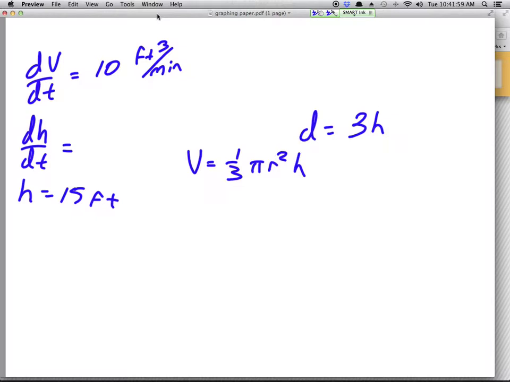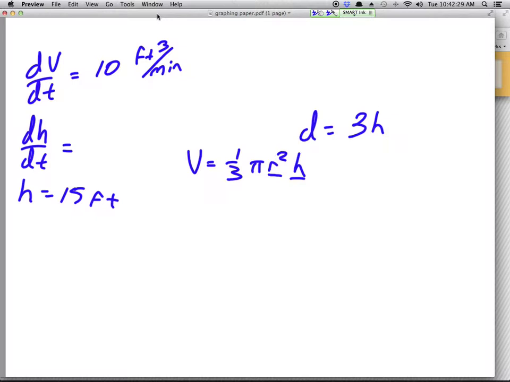I got 2 variables on the right side. Yesterday, everything on the right side had one variable. Okay? When I run into something that has 2 variables on the right side, what I need to do is find a substitution to make. That way I'm only dealing with 1 variable on the right side.